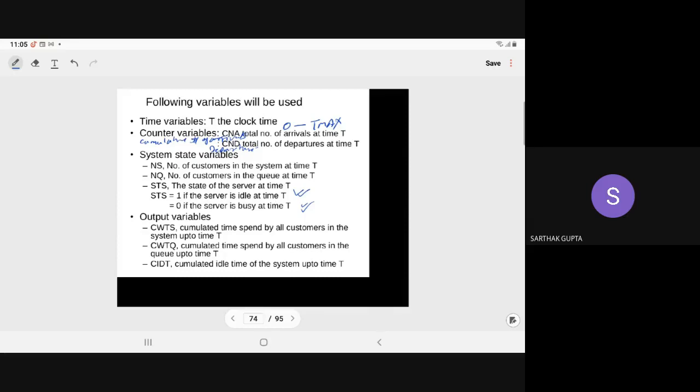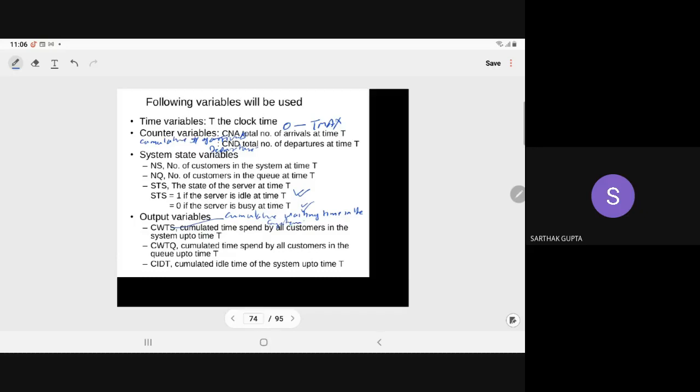From here, we have the following three output variables: CWTS, CWTQ, CIDT. CWTS stands for the cumulative time spent by all customers in the system up to time t, meaning cumulative waiting time in the system.